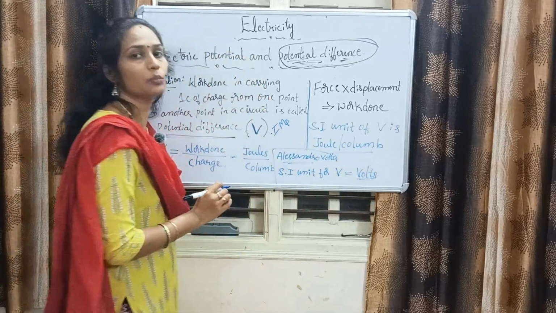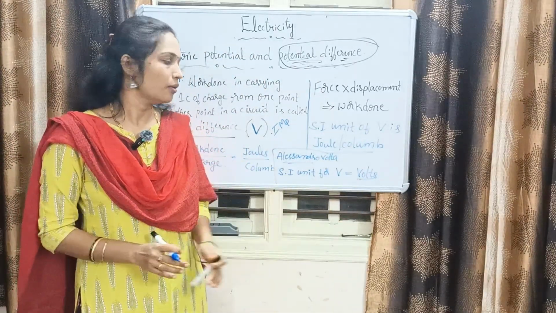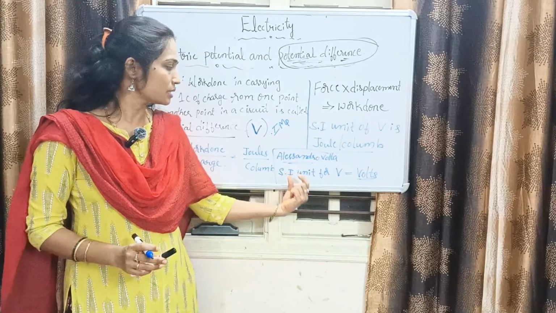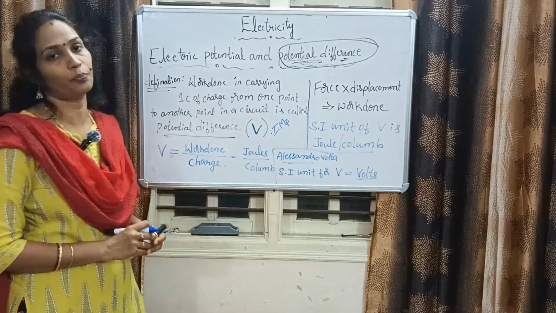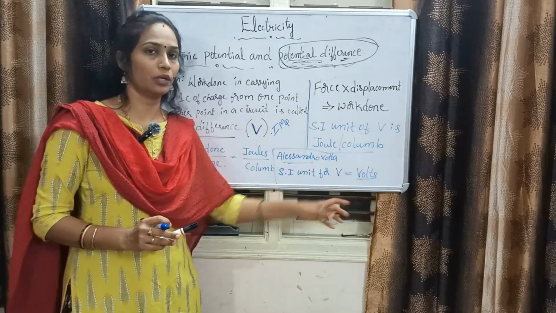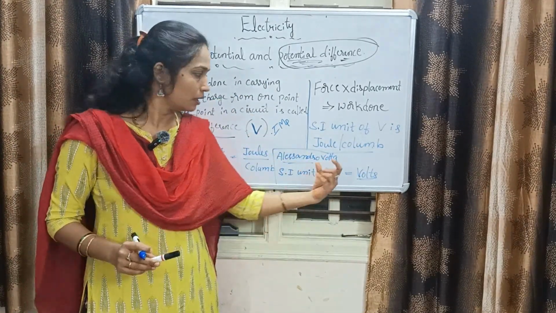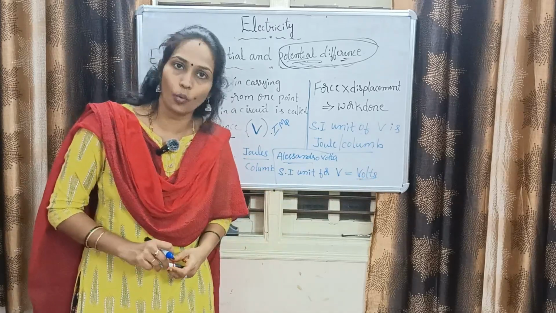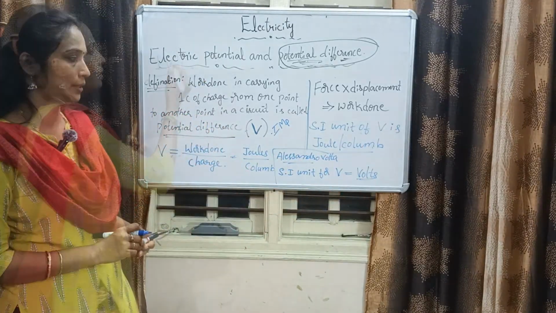They are represented in terms of volts. Please remember this. This is very important. This is the SI unit for potential difference. What is the SI unit of potential difference? Joule per coulomb is also correct. But in honor of Alessandro Volta, we represent it as volts. Okay. This is very important. Keep this in your mind.